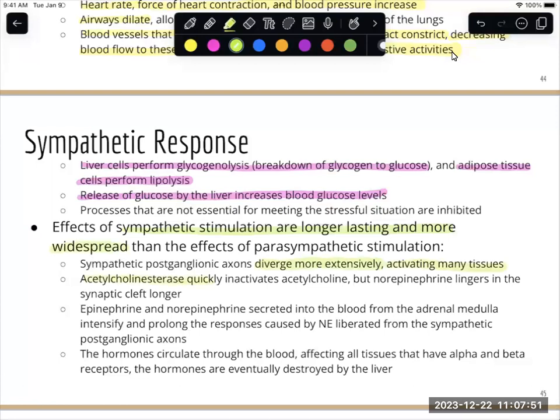Acetylcholinesterase inactivates that acetylcholine, but norepinephrine has a lot longer effect at those synaptic clefts, so at those neurons. Epinephrine and norepinephrine get secreted into the bloodstream. So something that gets secreted into the bloodstream has an entire body effect to it. So that prolongs that response.